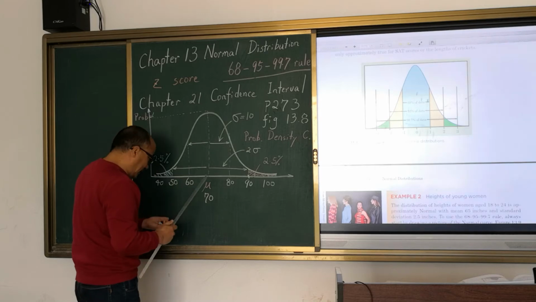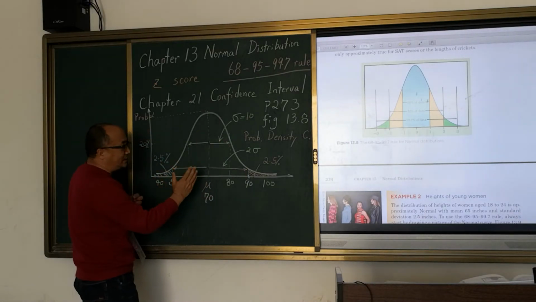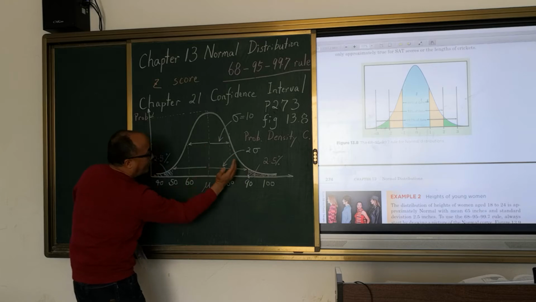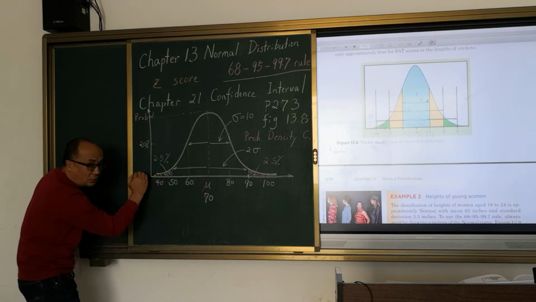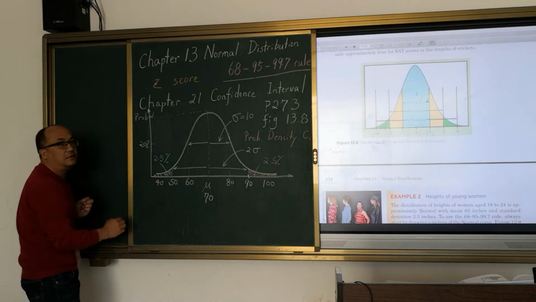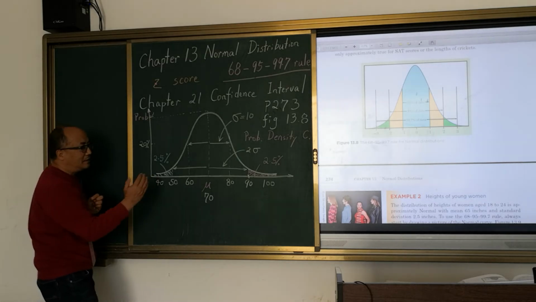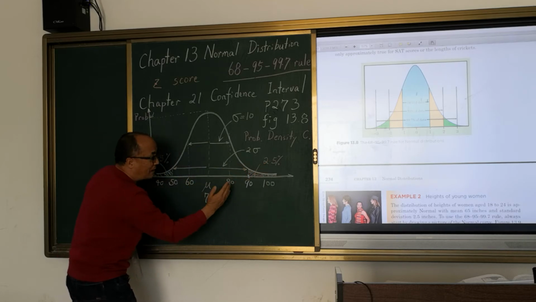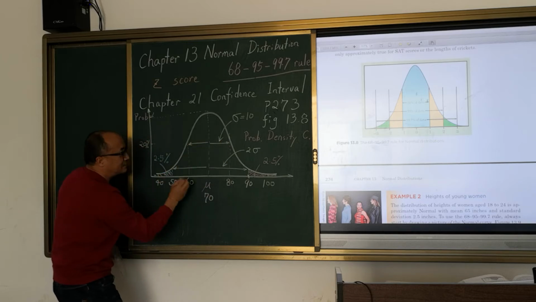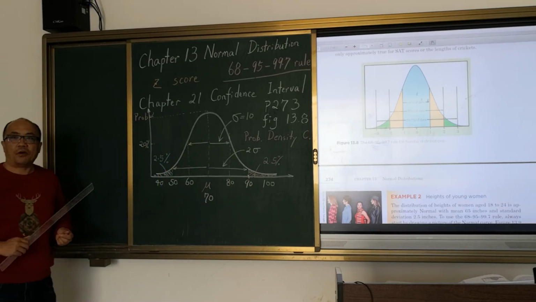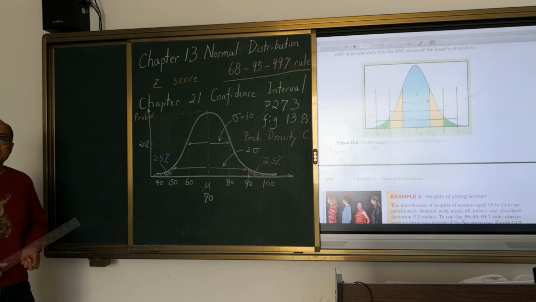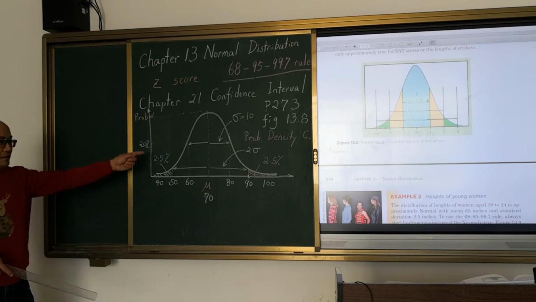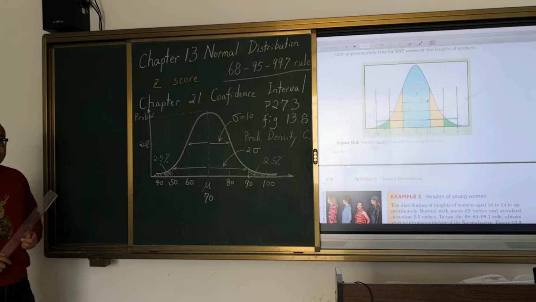Putting it another way, it's all the area including this blue one. The total is 100%. We chopped off this 2.5%. The leftover is 97.5%. We will do the chapter questions, all kinds of things.